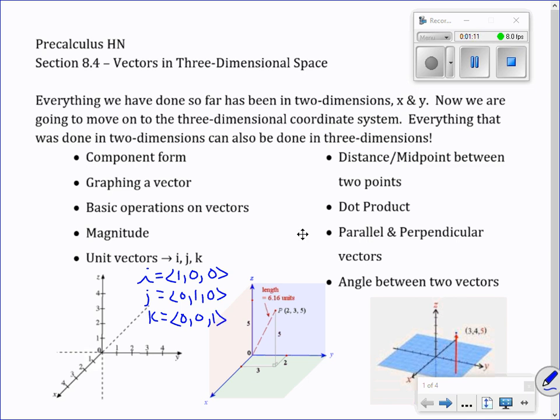So frequently when you have to draw these things on your own, I'll do that on the next page, but I have some examples down here. Like this one right here in the middle, I have 2, 3, 5. So that means that you are going 2 in the x direction, so you're coming out this way 2.